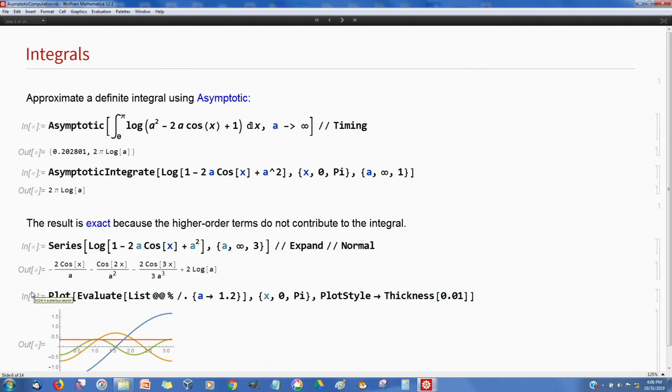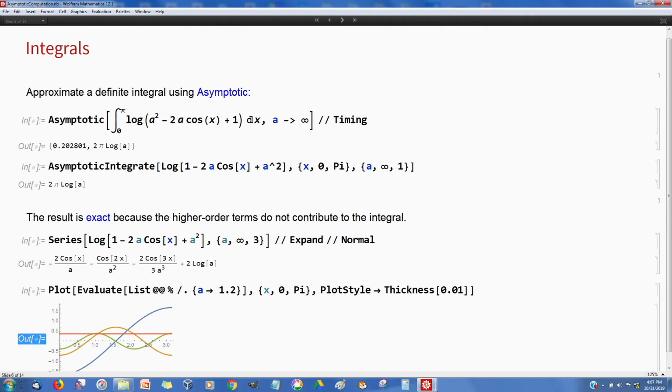And the question is, why is it exact? Well, that's why Asymptotic is good, because it gives you insights into why things are what they are. So what you see over here is if you do a series expansion, then the 2 log a term is the one that's actually doing all the work. The other terms are harmonics, and they just die out in no time at all.